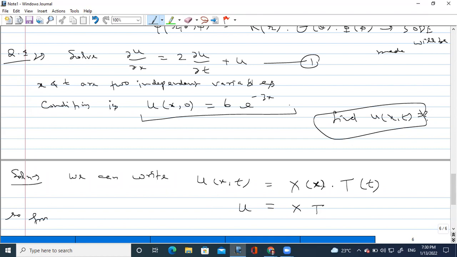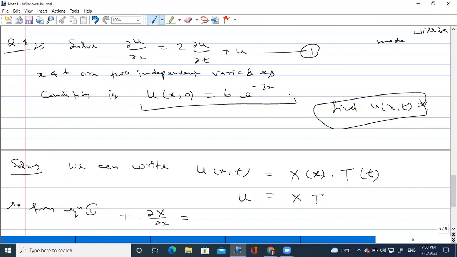So from equation 1, you put it here, del u by del x. Now because this is the partial derivative, so here T will be taken as constant. So it will become T dX by dx. Understood? That will be equal to twice into del u by del t. Now u is XT.